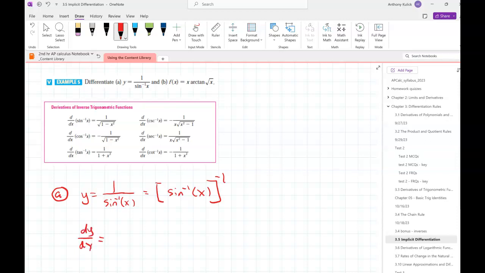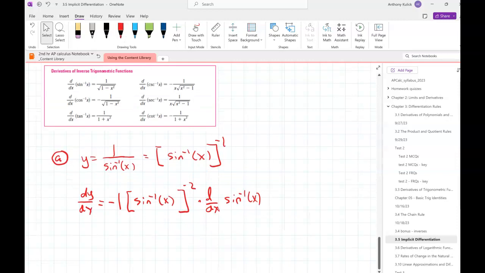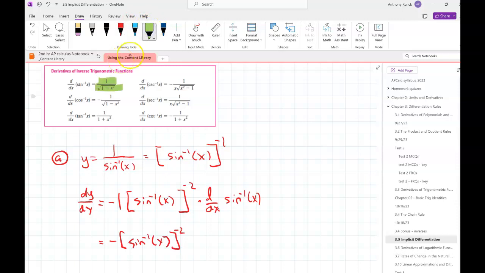So when we do the derivative of the outside, we get negative 1 times inside to the negative 2, times the derivative of the inside. And the derivative of sine inverse is, from the table, 1 over square root of 1 minus x squared.